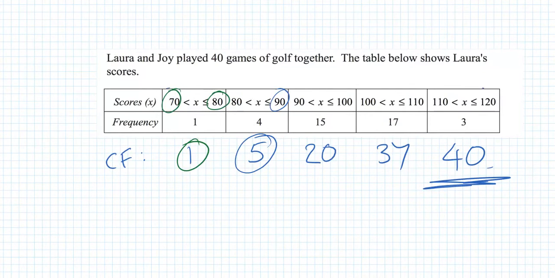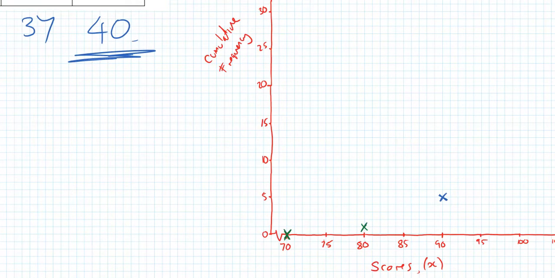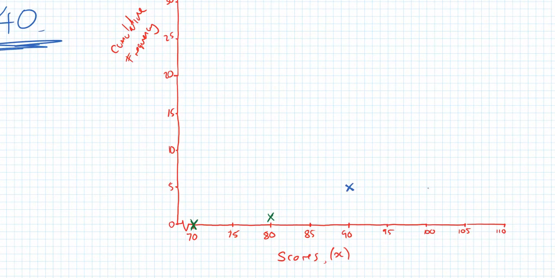Okay, then we got 15 people in the next range, but we know that up to a score of 100, that was a combined total of 20. So find the 100. And if you can't see it from your diagram, we can rub those lines out in a moment, right? Let's mark that 20 there.